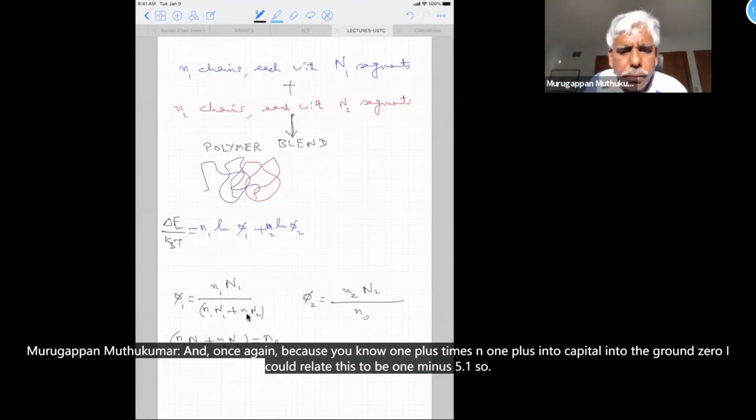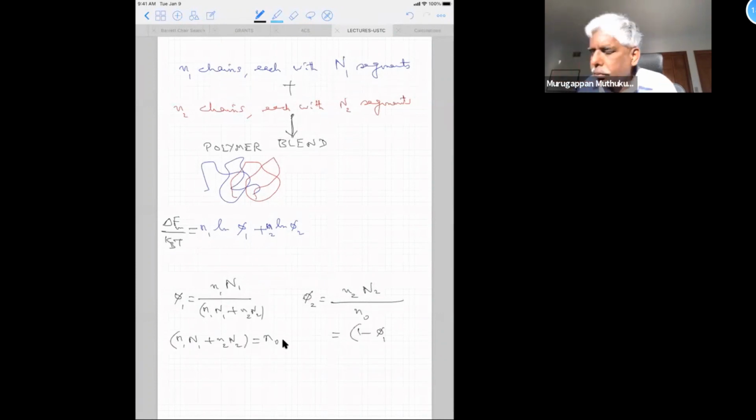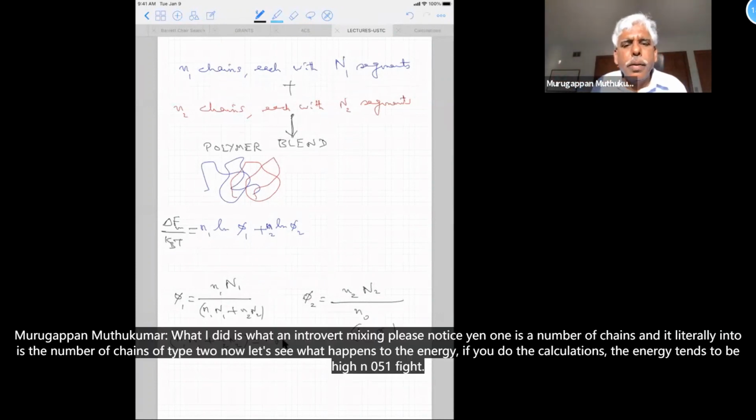And once again, because the sum is equal to N0, I could rewrite this to be 1 minus phi 2 for phi 1. This is for entropy of mixing. Please notice, little N1 is a number of chains, and little N2 is a number of chains of type 2.